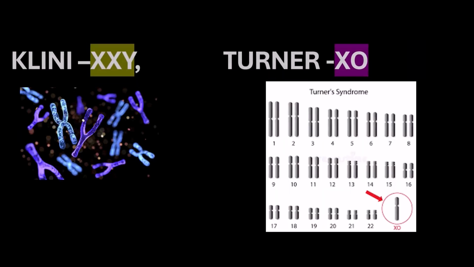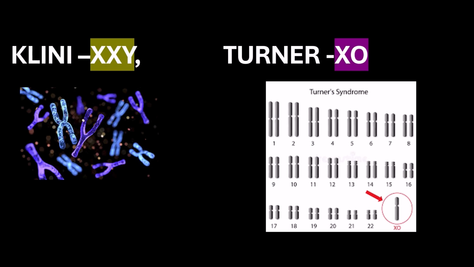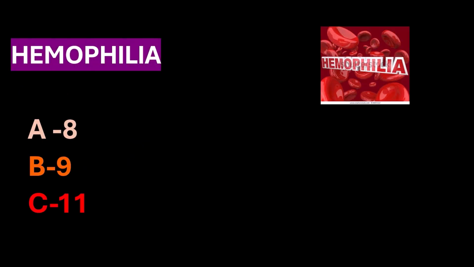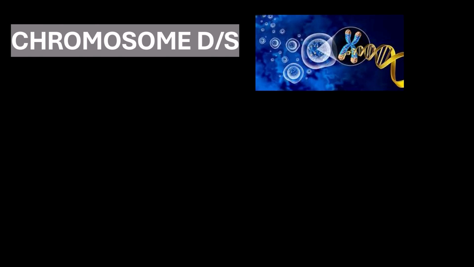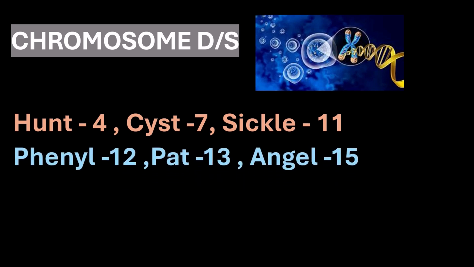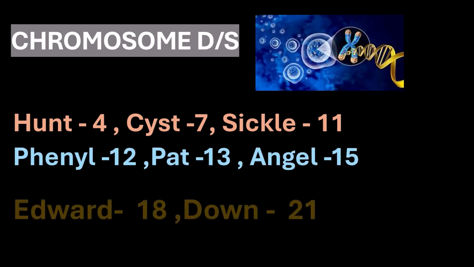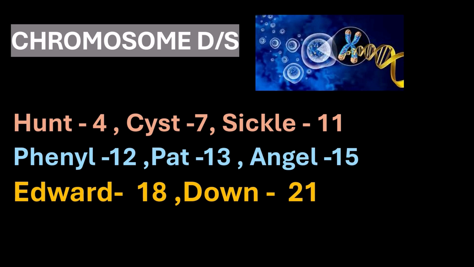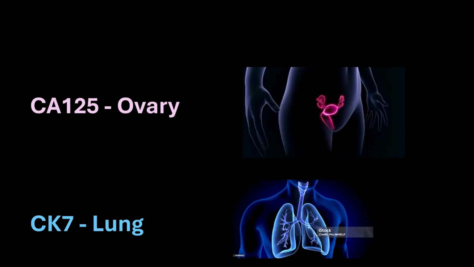Klinefelter XXY, Turner XO. Klinefelter syndrome is XXY and Turner syndrome is XO. Hemophilia types A 8, B 9, C 11. Chromosome diseases: Hunt 4, Cyst 7, Sickle 11, Phenyl 12, PAT 13, Angel 15, Edward 18, Down 21. These all are the short forms for different chromosome numbers and corresponding diseases.